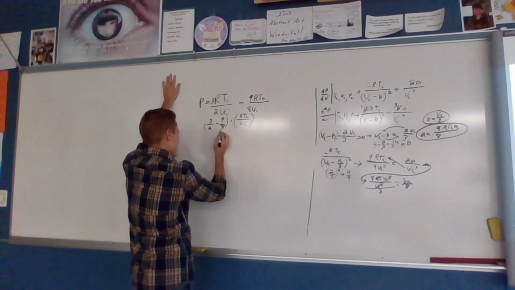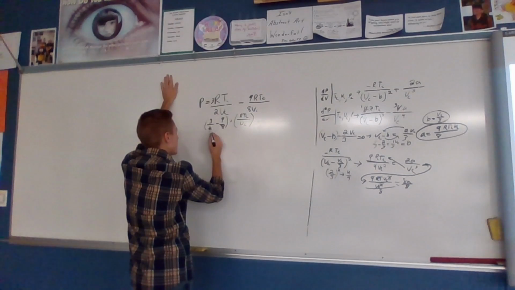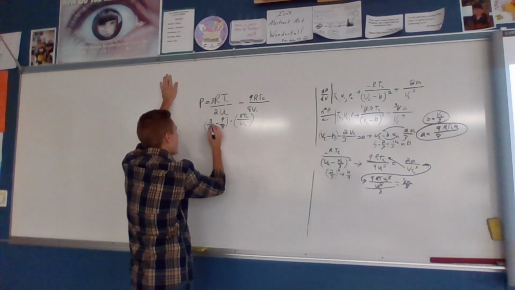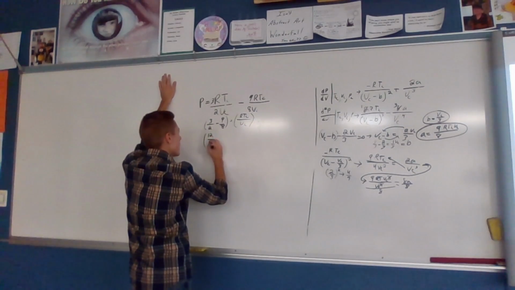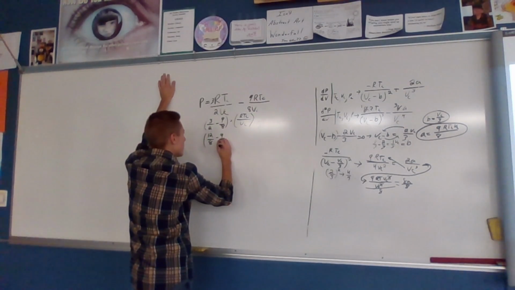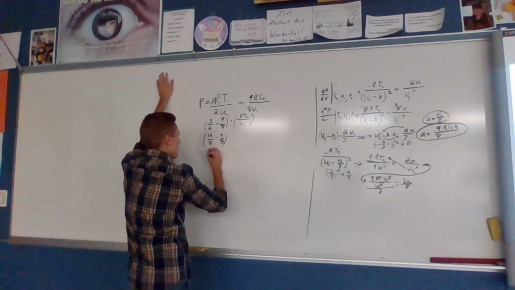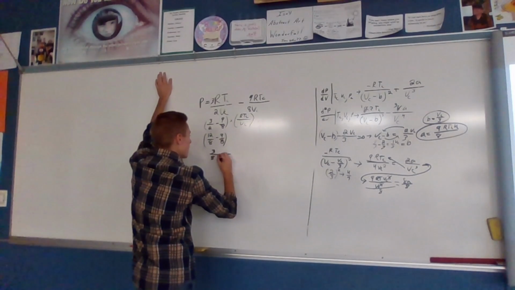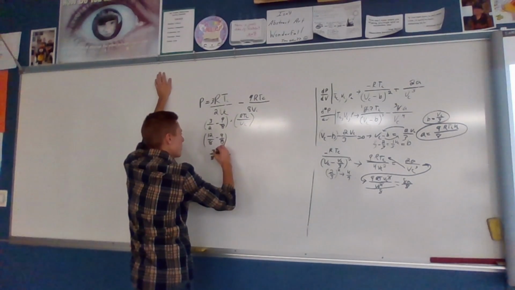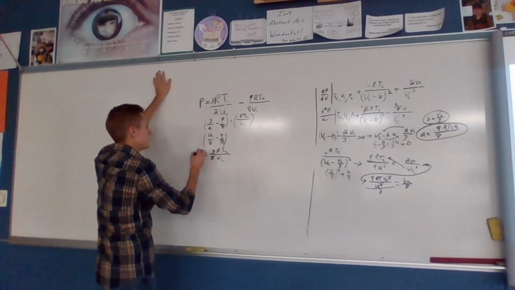I need to get these to 8, so multiply this by 4, multiply this by 4. So this goes to 12 over 8 minus 9 over 8. And this goes to 3/8, VC on the bottom, critical volume, R times the critical temperature equals P.